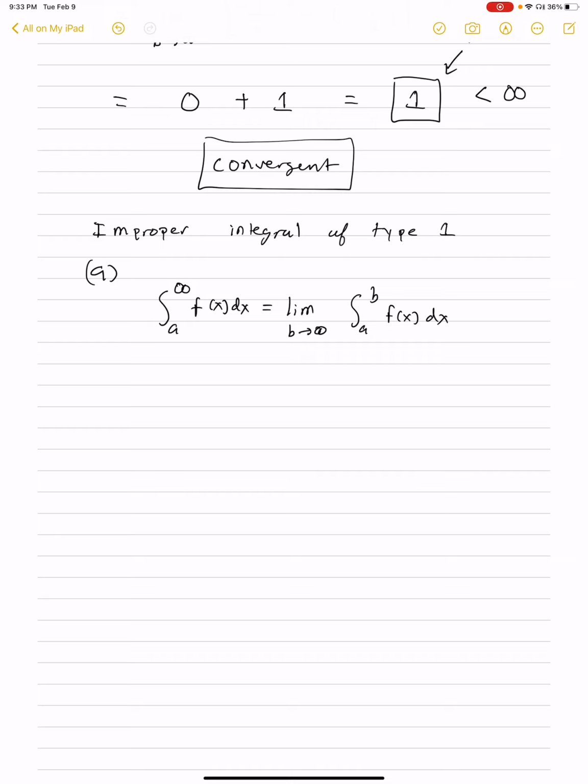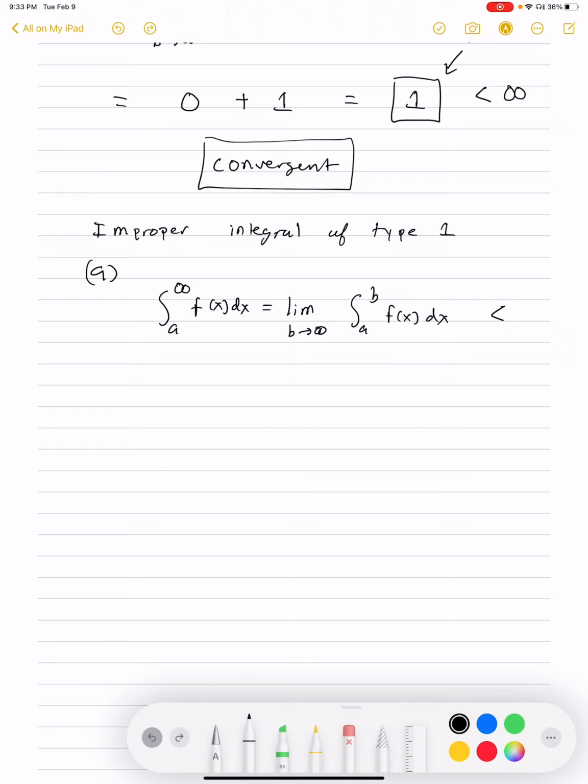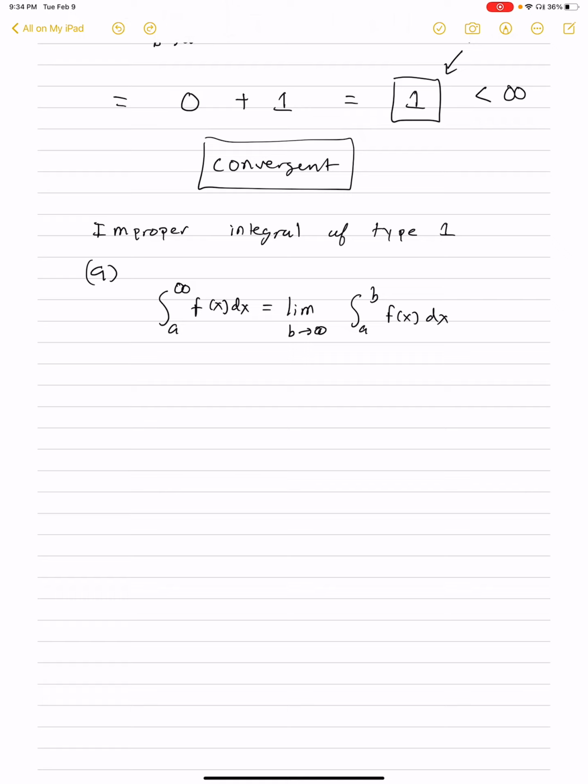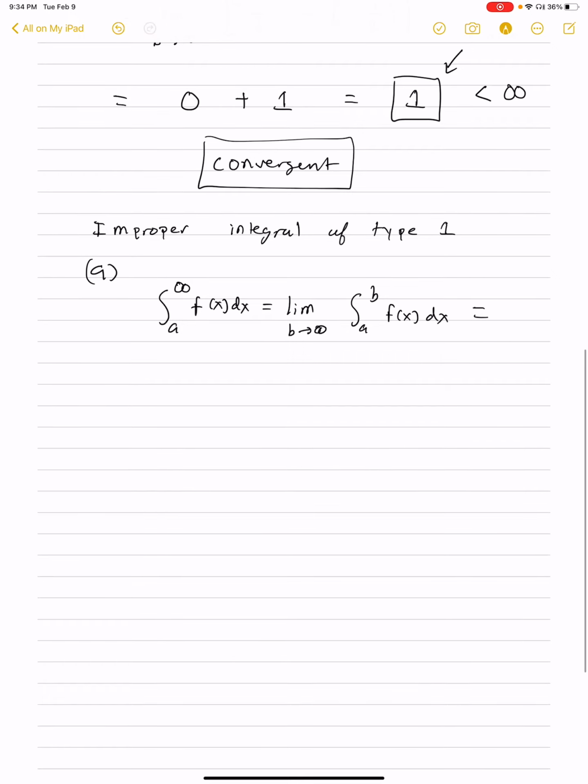And if this is less than infinity, so maybe I shouldn't have written infinity, so I'll take that back. We'll call this limit L. If L is finite, i.e. less than infinity, then the improper integral is convergent.